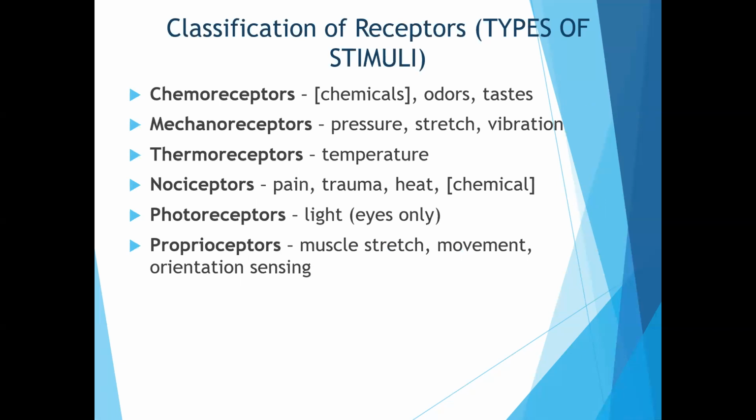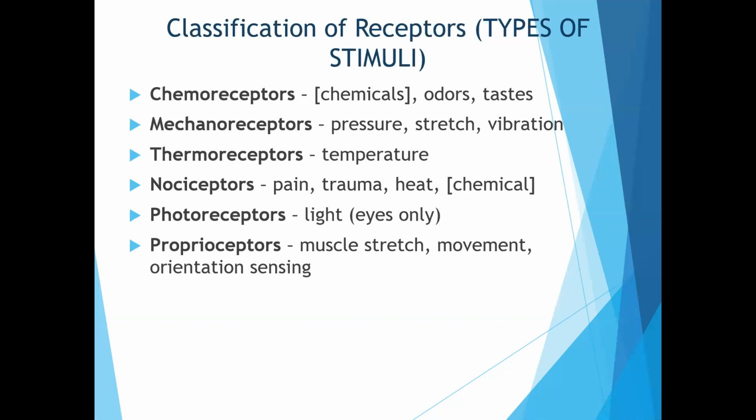As I said, these are specialized receptors. Each sensory receptor is specialized for a specific type of stimulus. Our chemoreceptors are going to detect chemicals. This can include odor, taste. Of course, if a chemical actually makes contact with our skin, the chemoreceptors are going to have a role in that. Our mechanoreceptors detect pressure, stretch, and vibration.